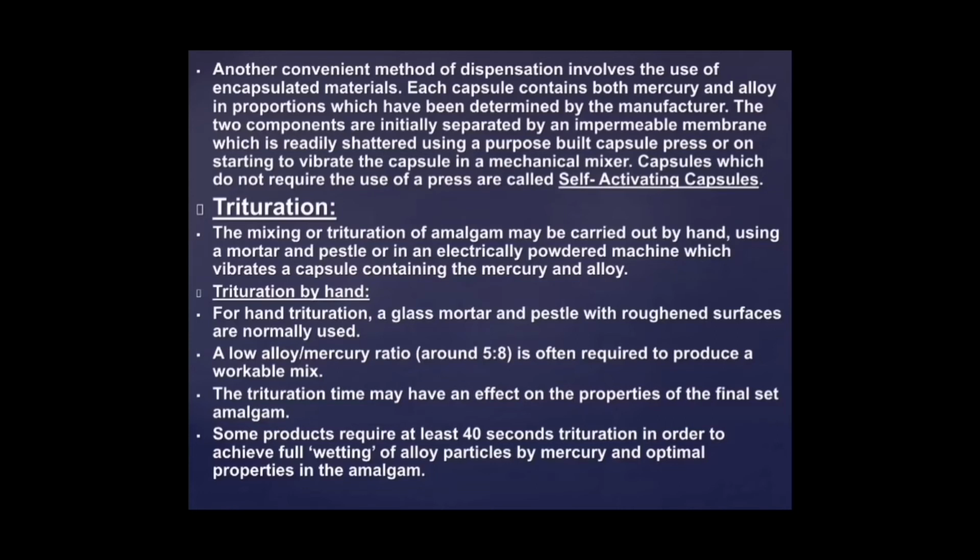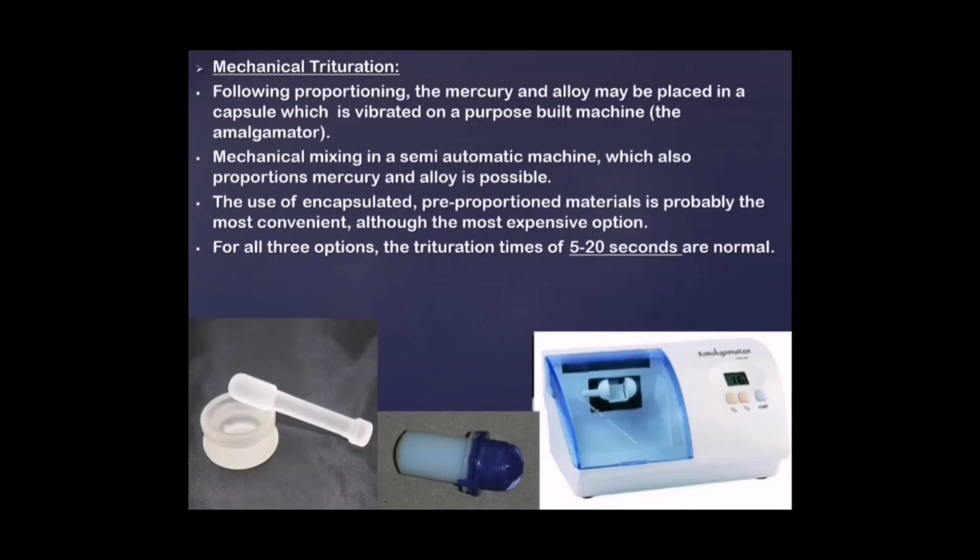A low alloy mercury ratio of around 5 to 8 is often required to produce a workable mix. The titration time may have an effect on the properties of the final set amalgam. Some products require at least 40 seconds of titration in order to achieve full wetting of the alloy by mercury and optimal properties in the amalgam.